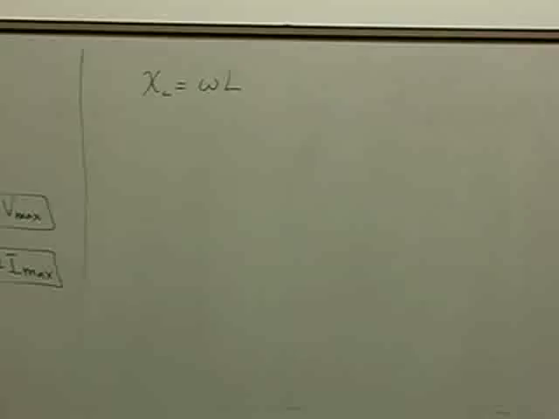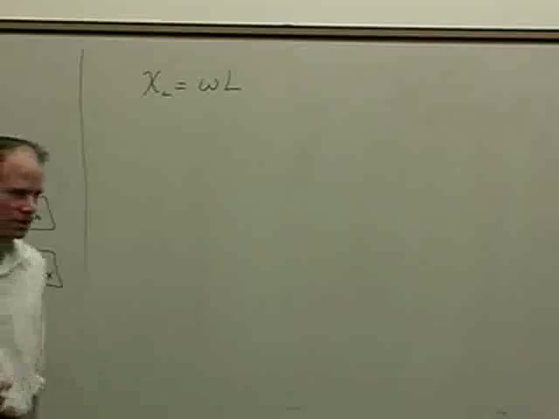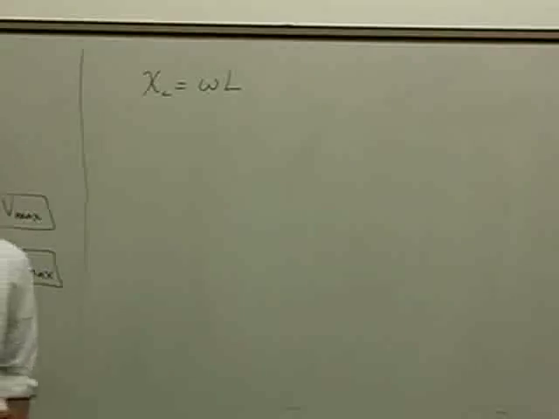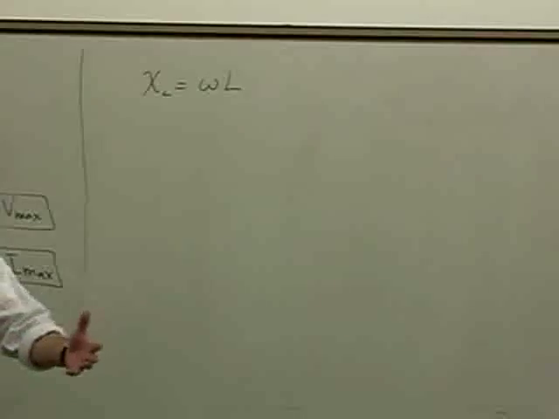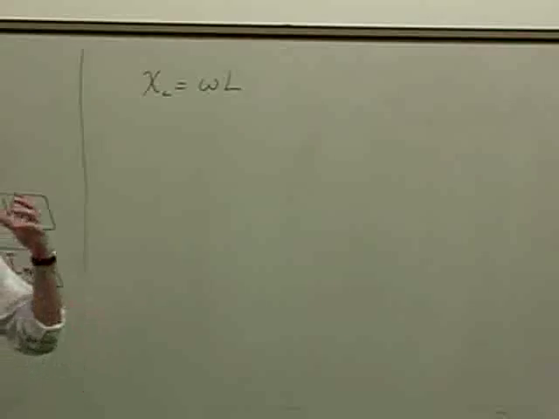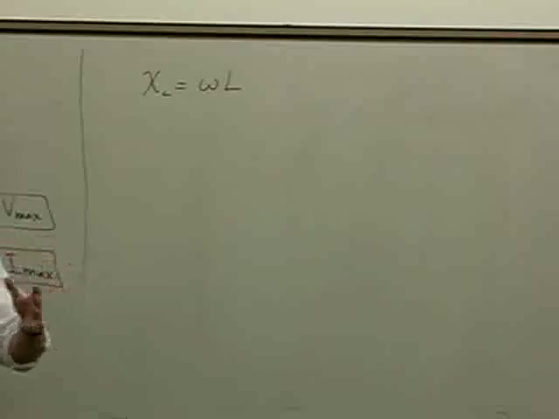So in a sense, it acts like resistance in that sense, as an opposition to the flow. The reason it opposes the flow is because the flow of current is being diverted in a sense to supply the magnetic field of the inductor. And then that energy will be given back again.